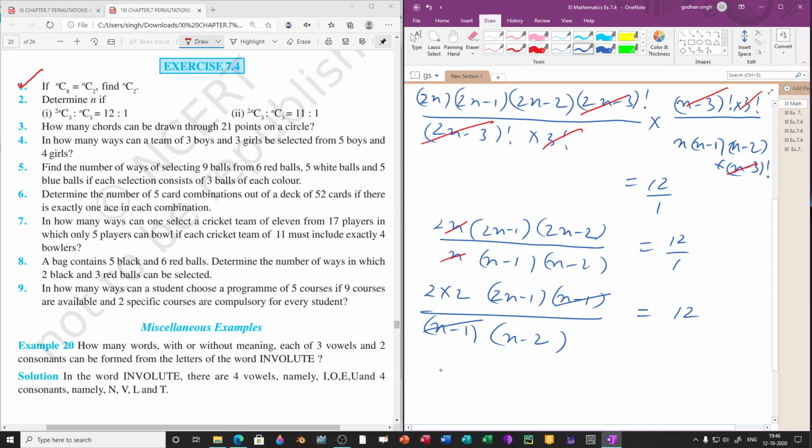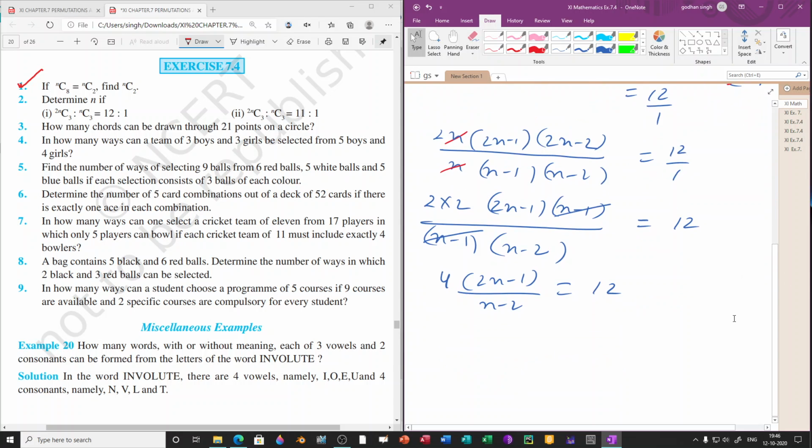What we are getting here is 4 into 2n minus 1 over n minus 2 equal to 12. So this will give us 2n minus 1 over n minus 2 equal to 12 by 4, and that is 3. So therefore what we are getting is 2n minus 1 over n minus 2 equal to 3.